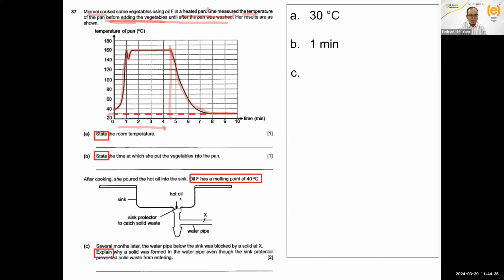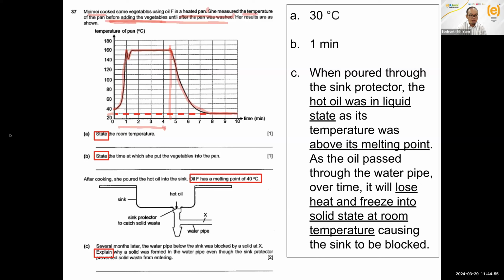Right? So you're asking, how come? Because when we pour the hot oil, the oil is in liquid state. But why is it that when it reaches this point, there's a choking here? What is the reason? Why does this become a solid state?